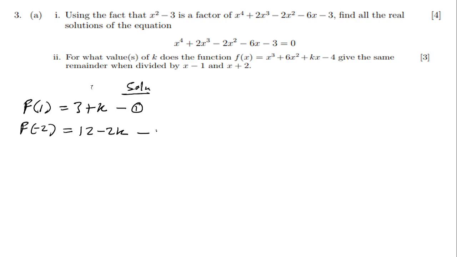Now, because they are telling us that the first factor and the second factor are having the same remainder, what we have to do is to simply equate them.